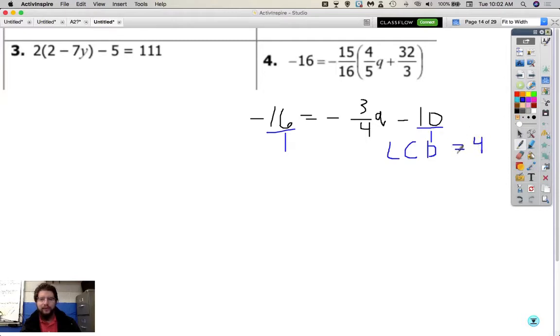So I'm going to take my LCD and I'm going to multiply it to each and every term. Remember, a term is anything separated by an equal sign, an addition or a subtraction sign. So I have 1, 2, 3 terms here.